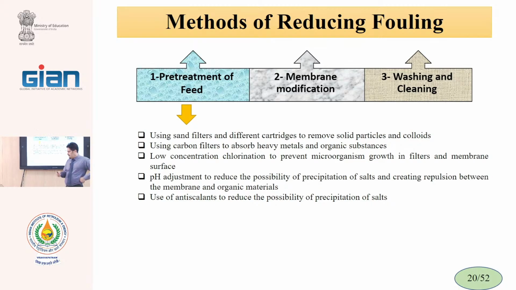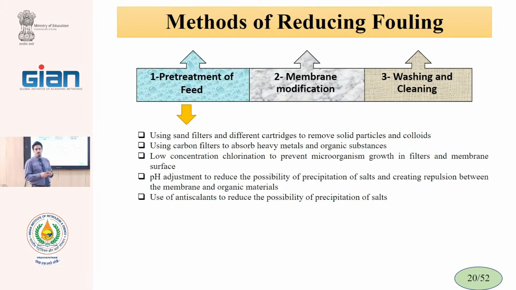In this slide, I try to define fouling. For reducing fouling, we have three general techniques. One is pre-treatment of the feed. We can identify and characterize the fouling agent and fouling reason, and remove or reduce it.